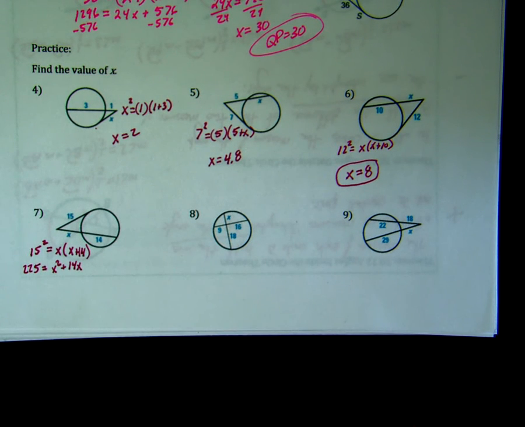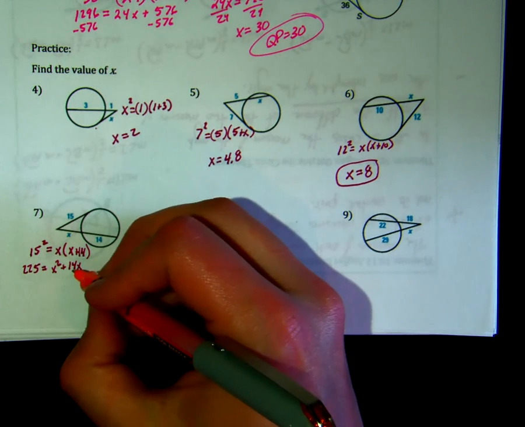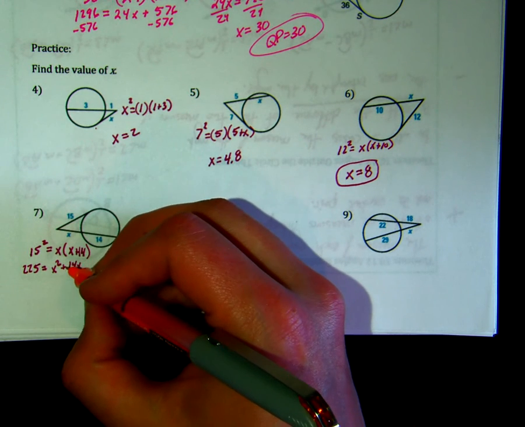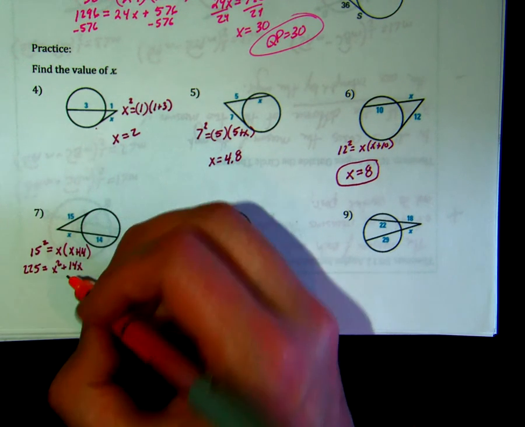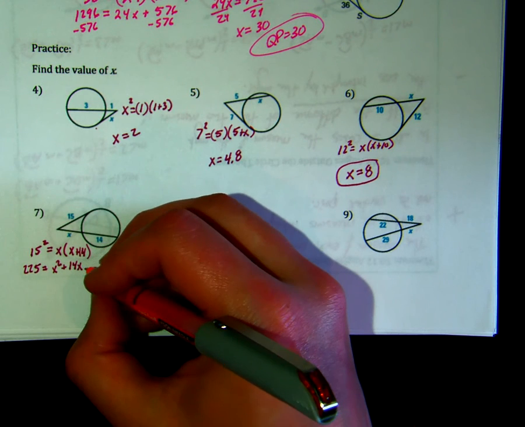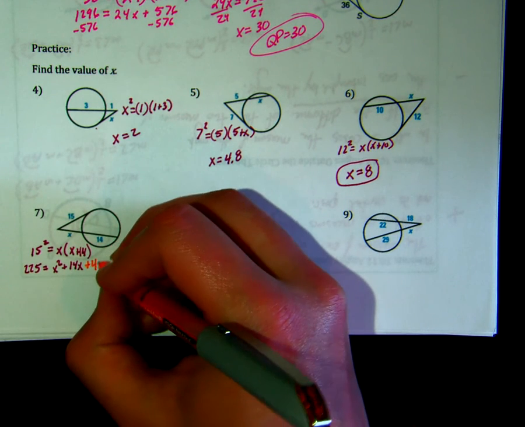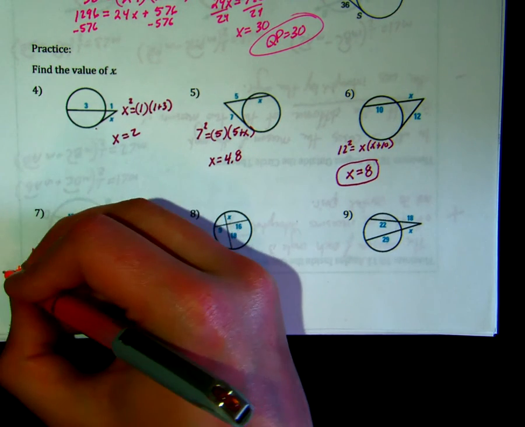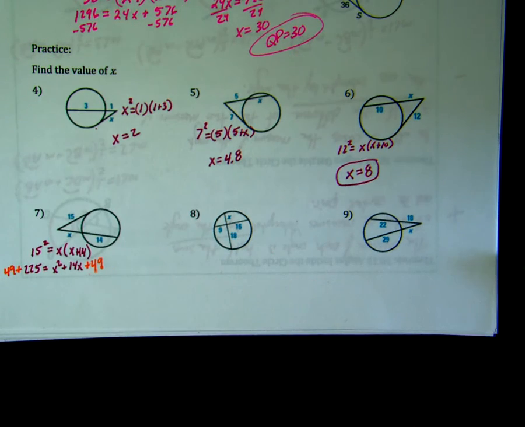But since the lead coefficient is 1, and the middle number is even, I'm going to complete the square. So completing the square, I do that by taking half of the b value and then squaring it. So half of this is 7. 7 squared is 49. So I'm going to add 49 to both sides. And so that's going to give me 274.